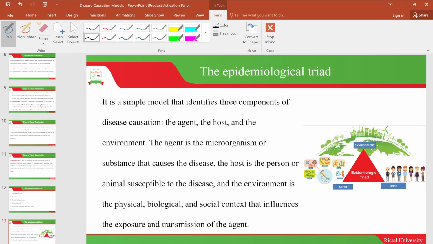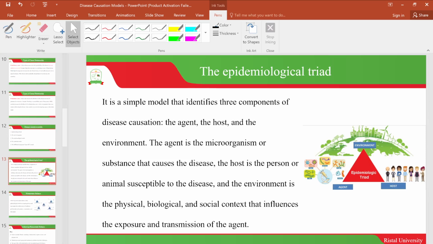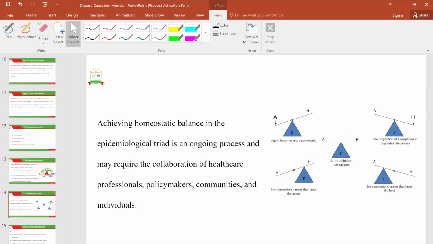So whether it is sunny, whether it is rainy, whatever environmental conditions we have will affect both the host and then the agent, and then the host where the agent actually lives. So we can talk about humans as the host, but we can also talk about animals as the host. Sometimes some of these diseases move from animals to humans, so it is very important to look at the host holistically, such that if we are to break the cycle of transmission of these diseases, then it could be done that way.